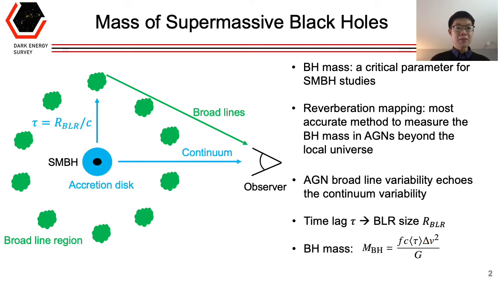This time delay corresponds to the light travel time from the accretion disk to the broad line region, and therefore indicates the typical size of the AGN broad line region. According to the virial theorem, we can use the broad line region size and the width of the broad lines to calculate the black hole mass, as shown in this equation here.